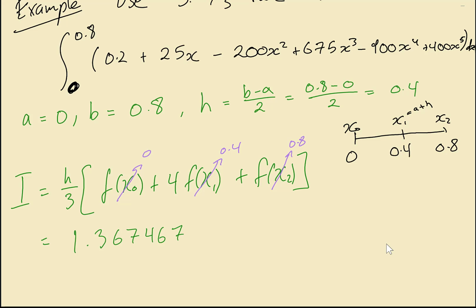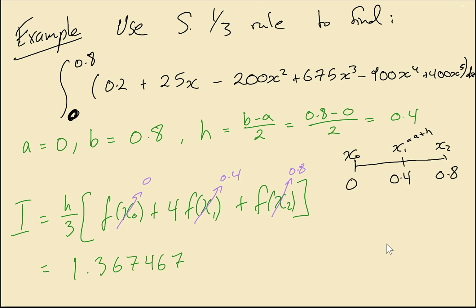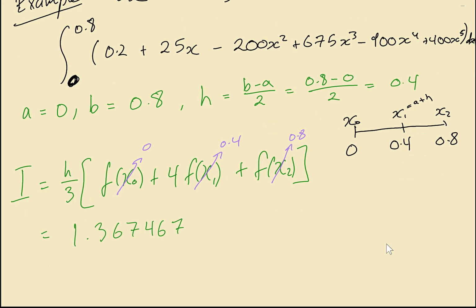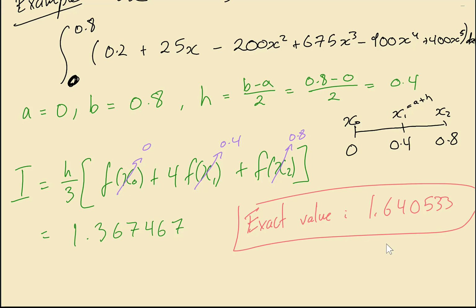You probably don't remember what we got last class, but when we used the trapezoid rule, we got a value of 1. And the exact value is 1.640533. So you can see that we got closer to that exact value using Simpson's 1/3 rule, applying it one time.